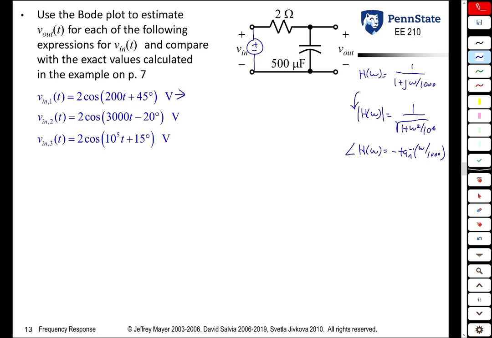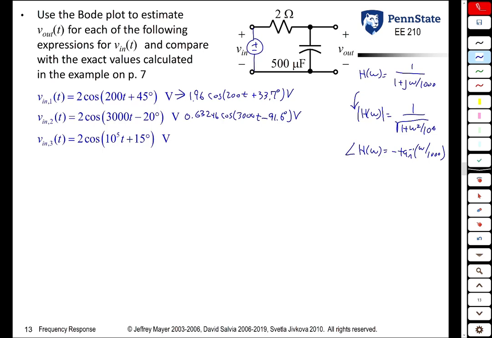So for example, we saw that 2 cosine of 200t plus 45 degrees yielded an output voltage of 1.96 cosine of 200t plus 33.7 degrees. And we saw that an input of 2 cosine of 3000t minus 20 degrees gave us an output of 0.63246 cosine of 3000t minus 91.6 degrees.